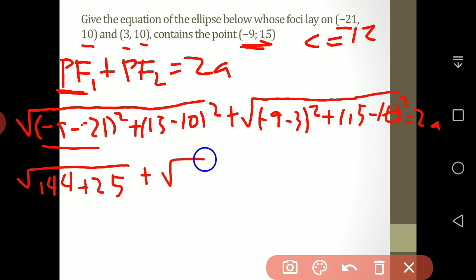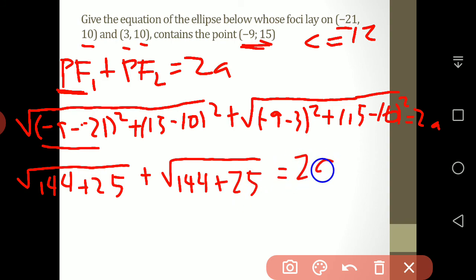Plus square root of negative 9 minus 3, that is negative 12 squared, that's again 144, plus still 25, is equal to 2A.